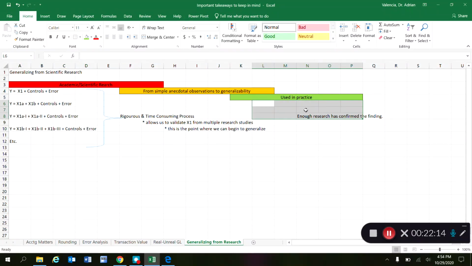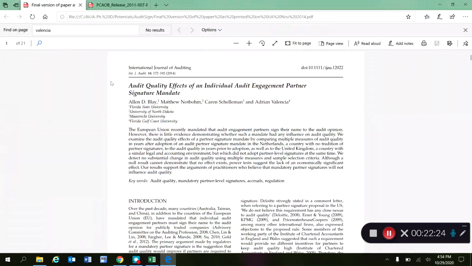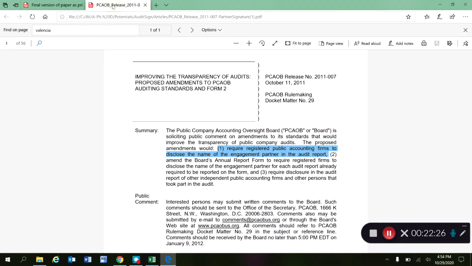Not just you, but also the regulators start looking at these studies and get influenced by them. With this particular study, the PCAOB was proposing to amend the auditing standard to require registered public accounting firms to disclose the name of the engagement partner in the audit report. So our study was very timely and was trying to help regulators in making this decision.